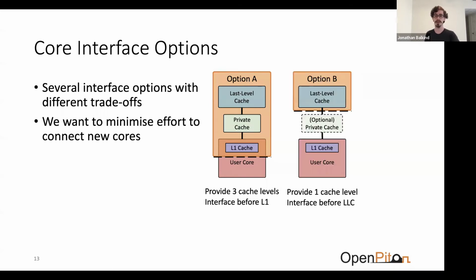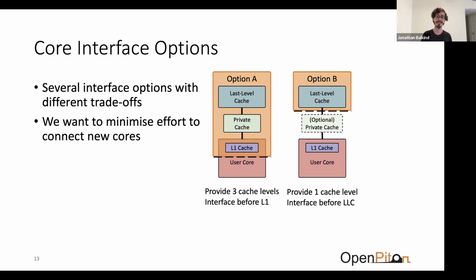So we then considered an option B. In option B, we would provide just the last level of cache. The end user would come along and implement the rest of the cache coherence protocol to talk to the last level cache and keep things coherent. The problem here is that cache coherence protocols are notoriously hard to validate. The PMesh coherence protocol has 30-something different message types.